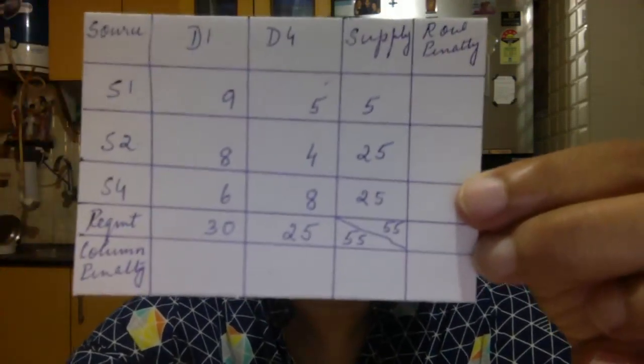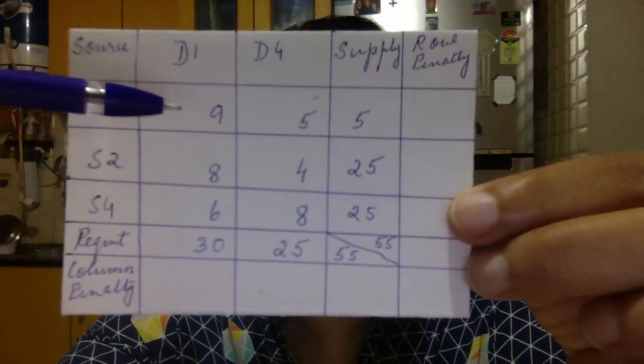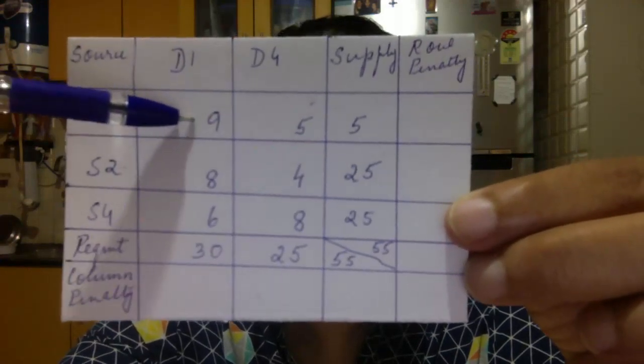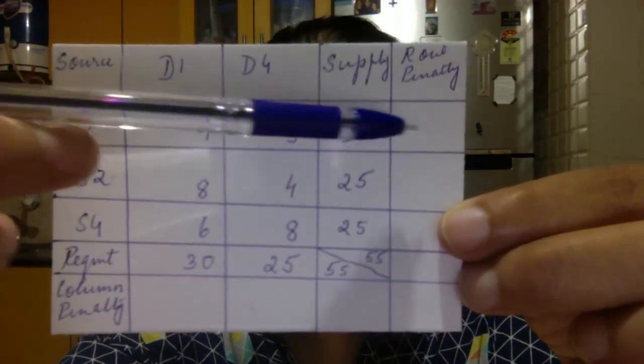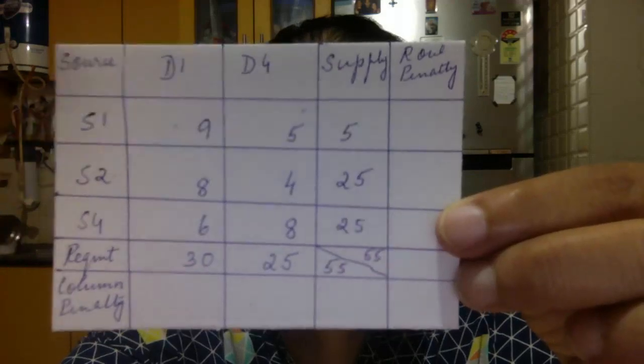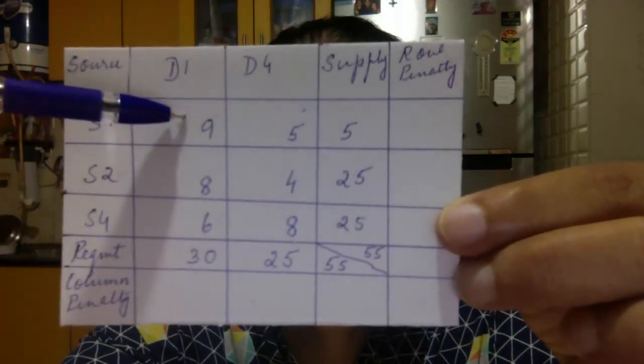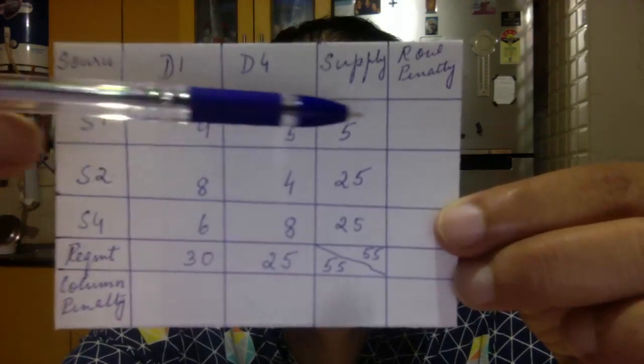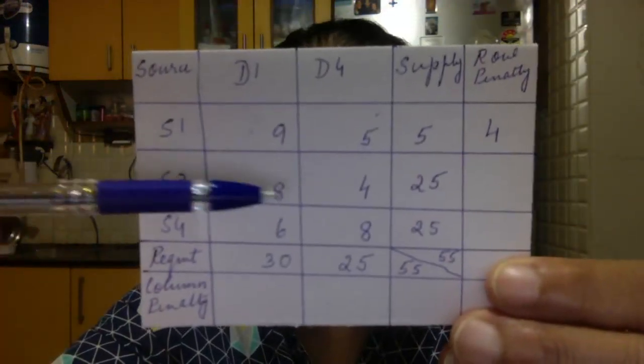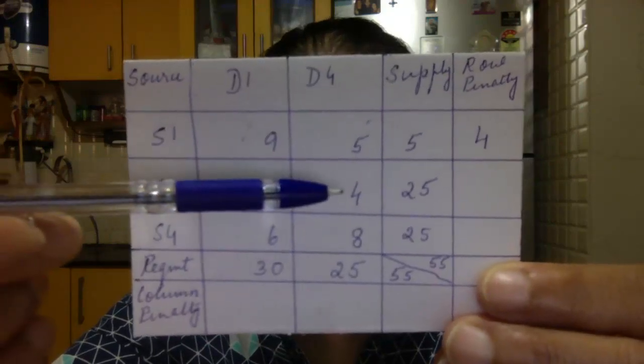Ready? In the first row, we have 9 and 5. So the row penalty here will be 9 minus 5, 4. Next, again you have 8 and 4.